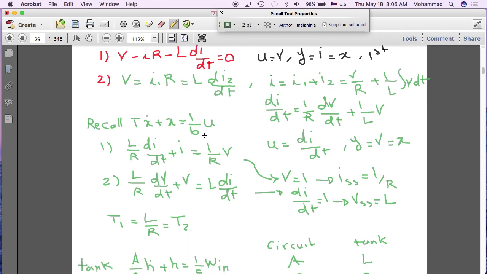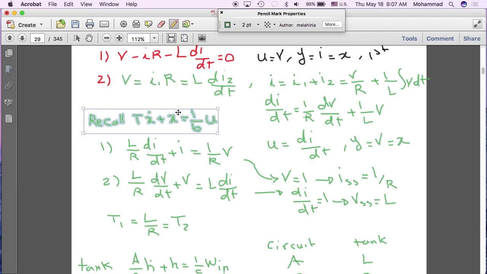The standard form is when the coefficient of the state variable is equal to 1, as we covered last time. So we want to arrive at the format where you have a constant multiplied by x dot. By now we know that constant is the time constant of the system. And the coefficient of x should be 1, and another constant multiplied by u. So the first equation, the red equation, is fairly easy to take into that format.